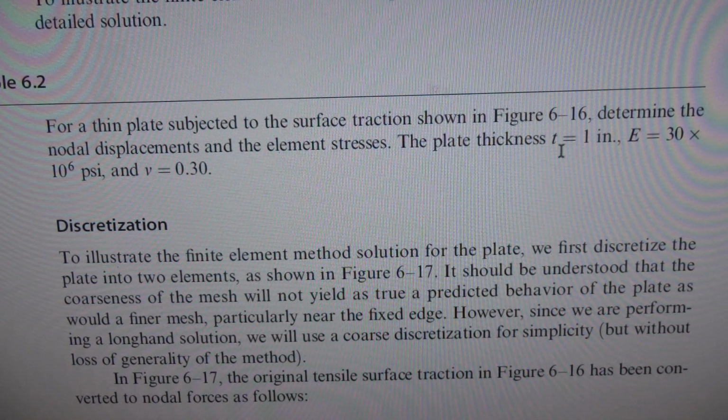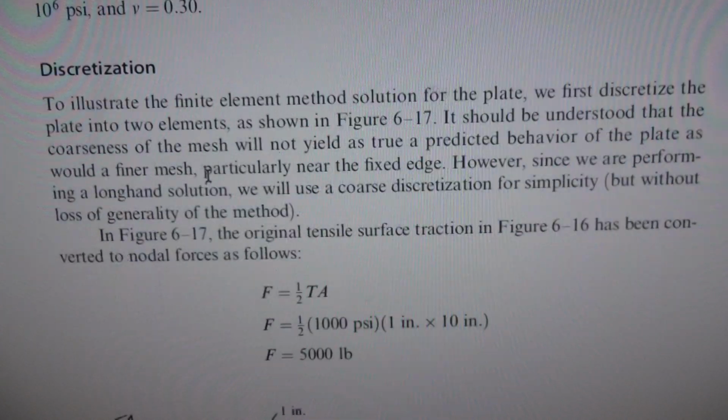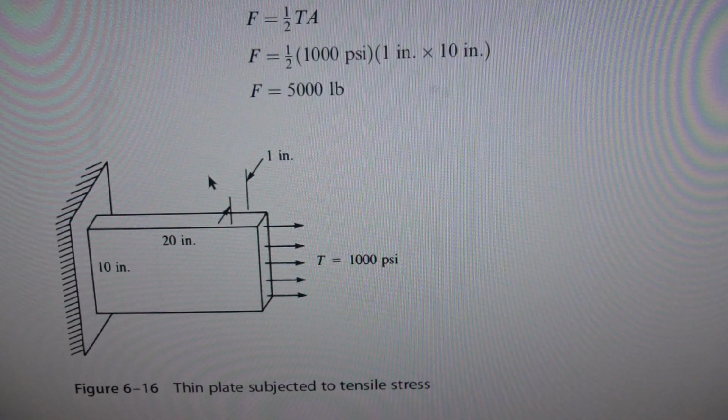The plate thickness t is equal to 1 inch, E is equal to 30 into 10 power 6 psi, and Poisson ratio nu is equal to 0.3. So how can we solve the problem? The problem is shown in the diagram.